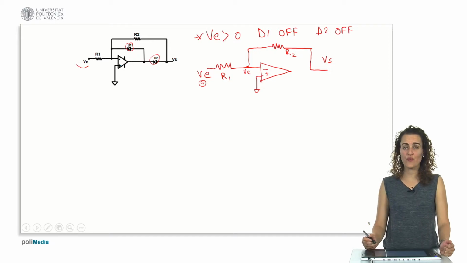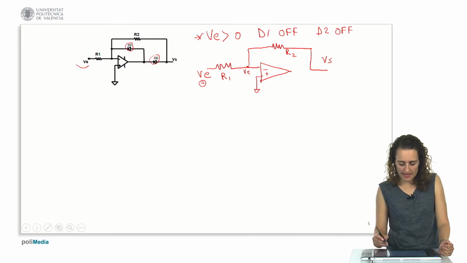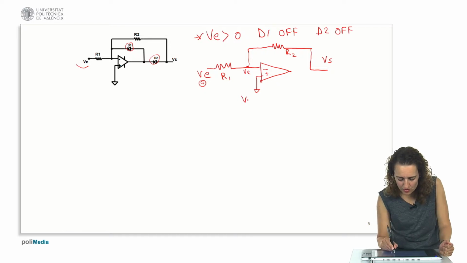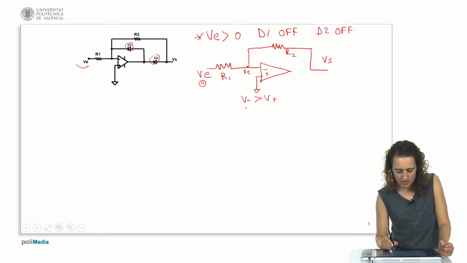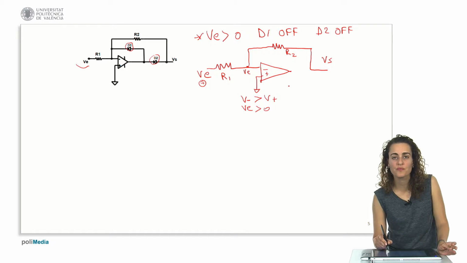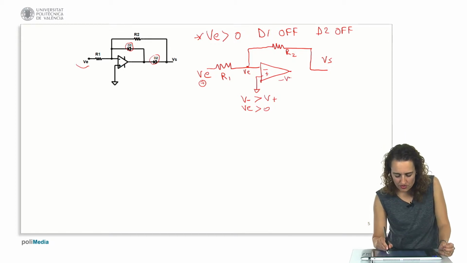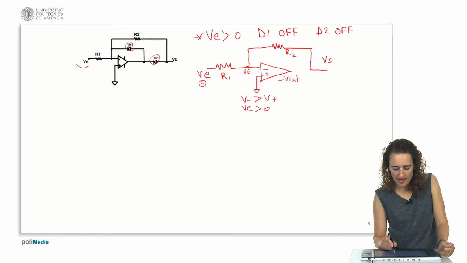Because there's no feedback at all in this circuit, V minus, which is VE and positive, is bigger than V plus, which is 0, so the output of the operational amplifier will be minus saturation voltage. So here I have a negative voltage, and in VE a positive voltage, and because no current is flowing through R2, in Vs I will just have VE, a positive voltage.